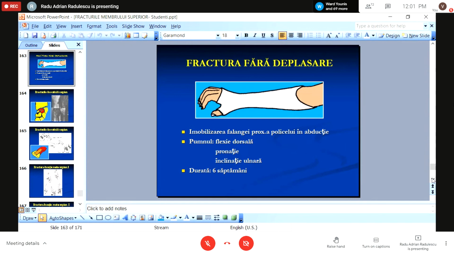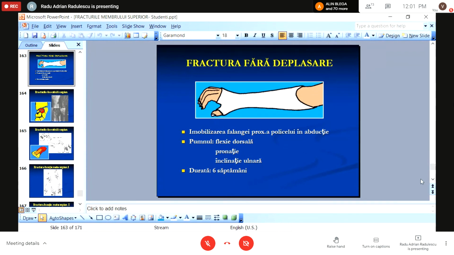These fractures may be treated by orthopedic methods, by immobilization in a cast, only in the non-displaced fractures. Then they can be immobilized in such a cast for about 6 weeks. After that, we perform an X-ray, and if there are signs of union, we continue the immobilization for another 6 weeks.